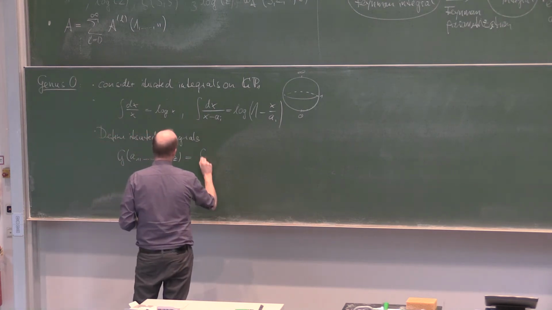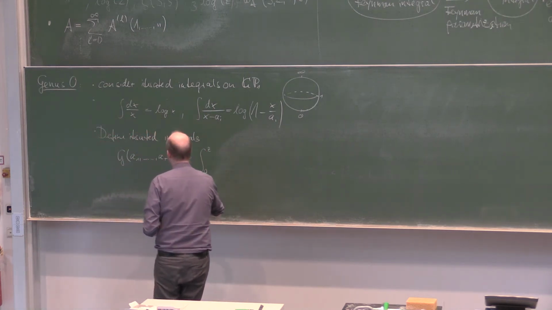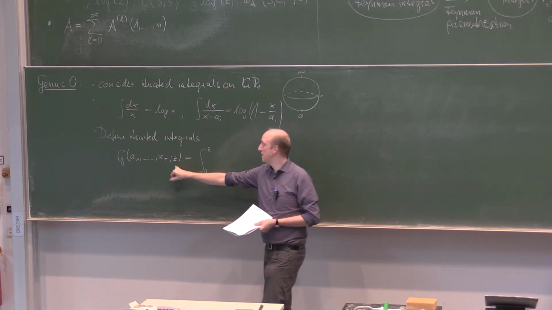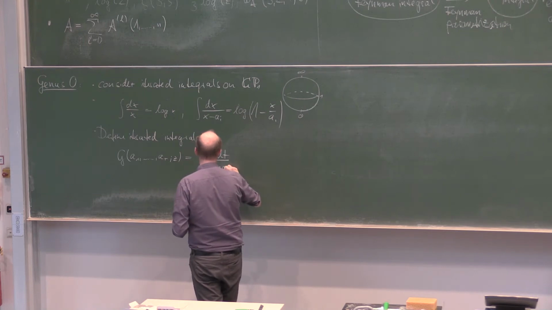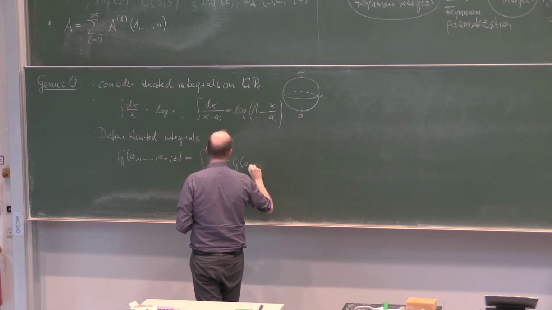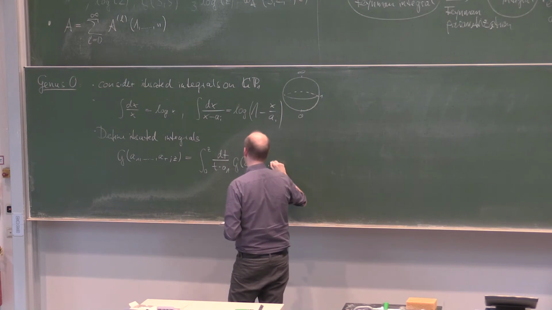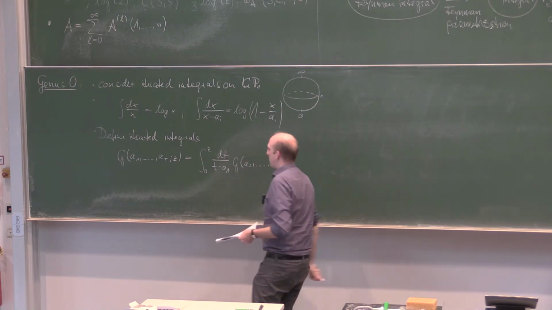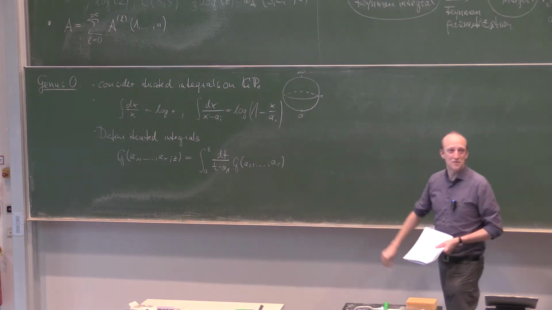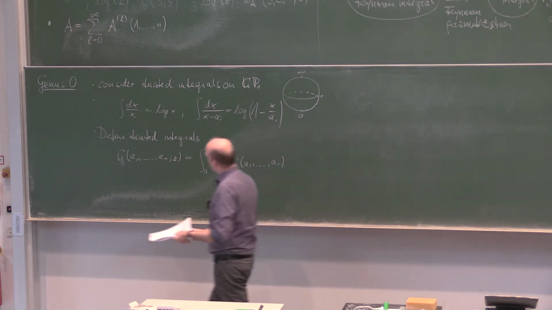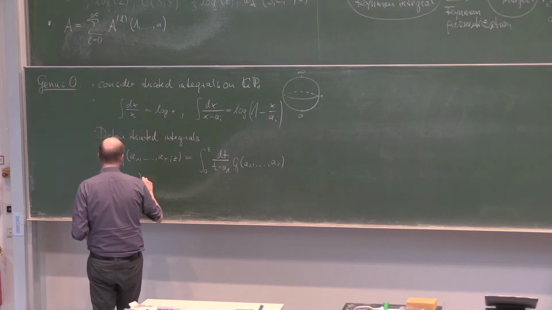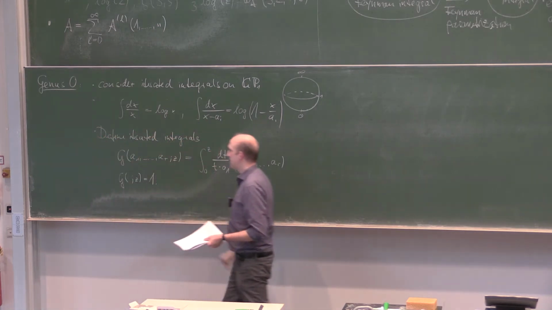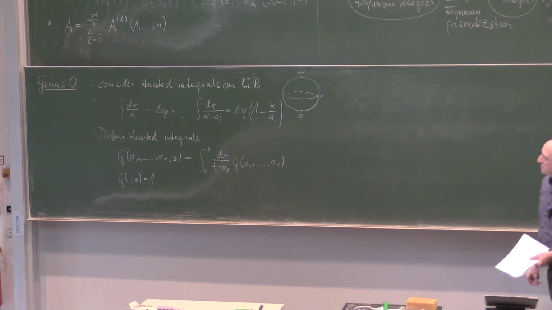So that is an integral from 0 to z. Z is the argument here in the function, dt over t minus a1, G of a2 to ar. And together with the starting point for this calculation, where you would define that the empty integral is just 1, we have defined a class of functions.